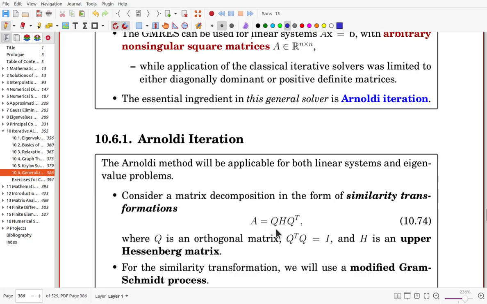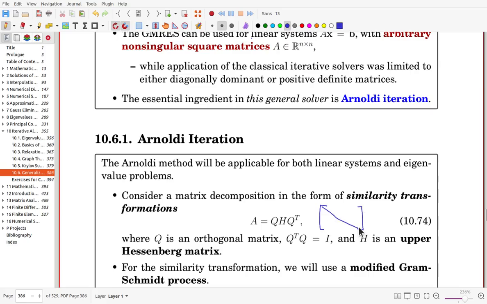A is QHQ transpose. Here Q is an orthogonal matrix, which means Q transpose Q is identity, and H is an upper Hessenberg matrix. The upper Hessenberg matrix has this form.